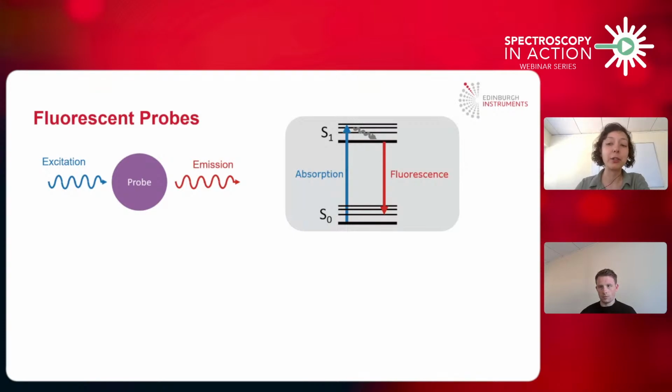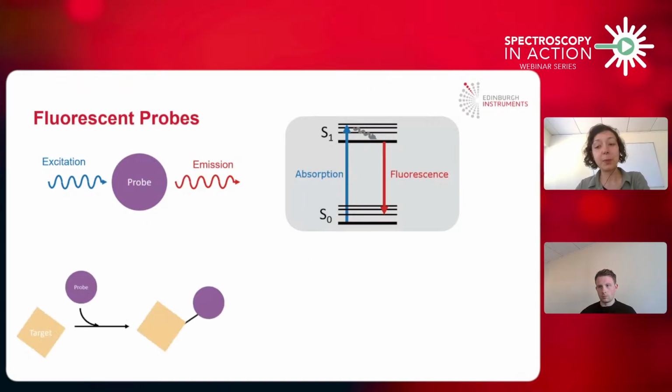They are molecules or particles that absorb light of a specific wavelength and then emit fluorescence of a different wavelength, shown here, emission in red. They are used in bioimaging studies to visualize targets such as proteins, antibodies, nucleic acids under a fluorescence microscope. In these microscopy experiments, the sample is first labeled with the fluorescent probe, which is going to bind to a target of interest.